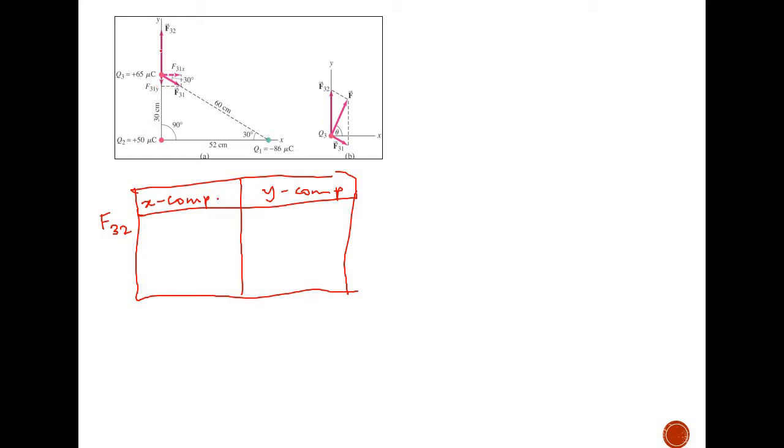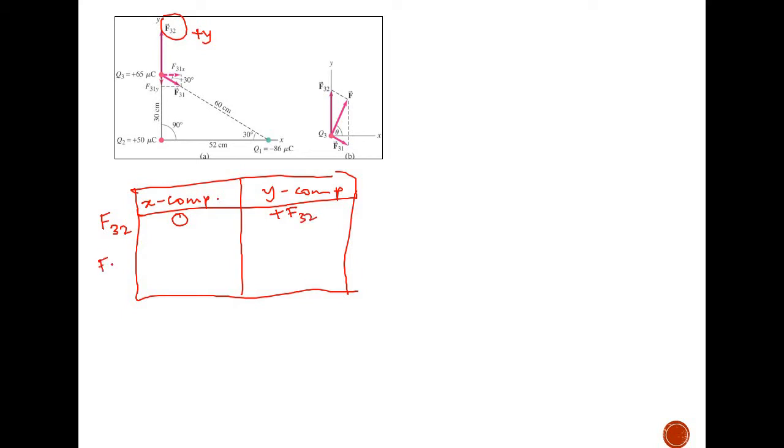For the X component it is 0, so there is no force on the X component. But for the Y component, because this one is going upward, the Y component is positive. So it will be positive F32.